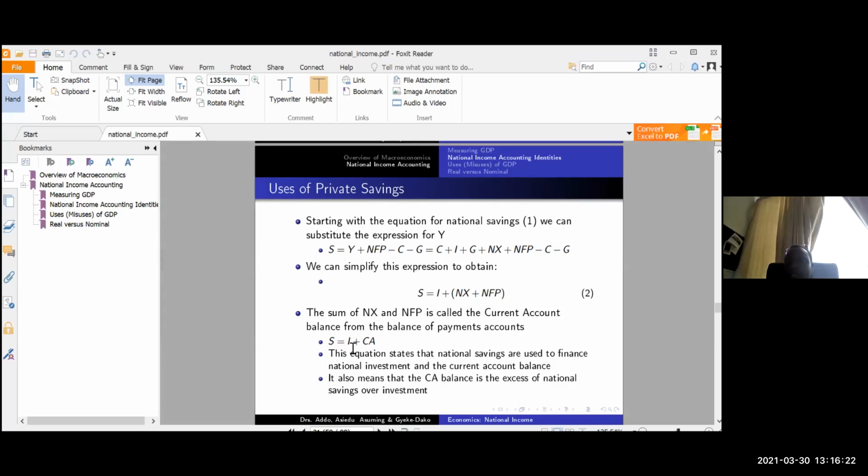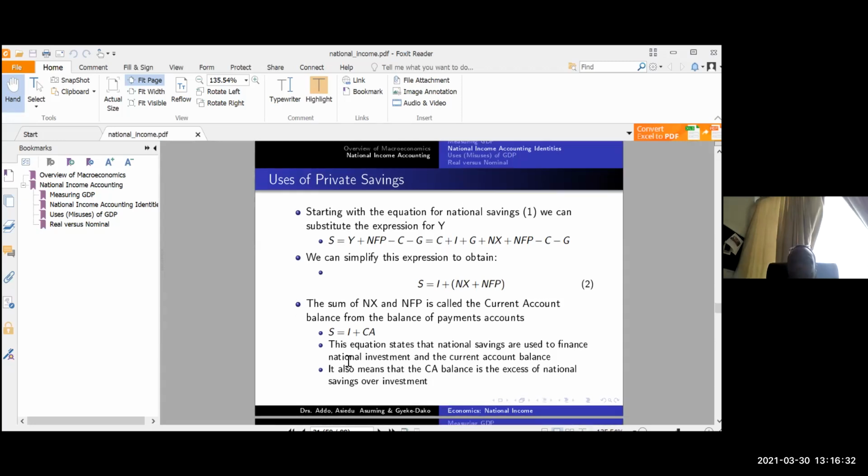We can further reorganize this. What is the difference between savings and investments? Savings minus I will give you the current account balance. This is not just a simple equation. As I said, always think about the policy implications. The level of savings in the economy goes into financing investments, and it goes into financing current account balances or deficits.